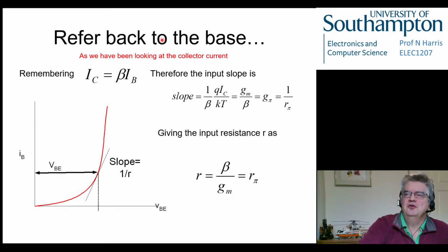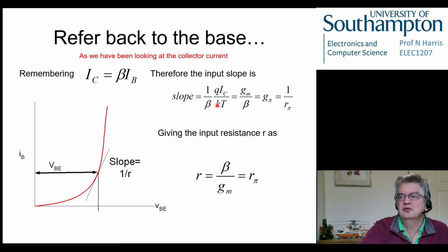Right, so refer this back to the base. If we've been looking at the collector current so far, we'd like to know what's going on in the base area. So we remember that IC equals beta IB under all conditions. Therefore, the input slope is just beta times smaller than the output slope, because they're just related by this equation.